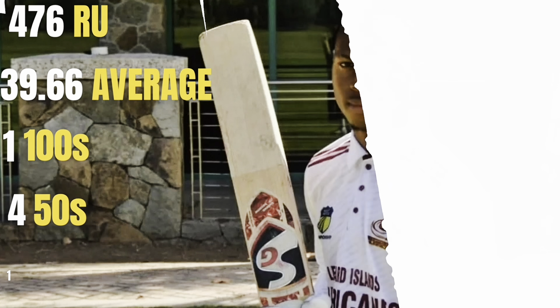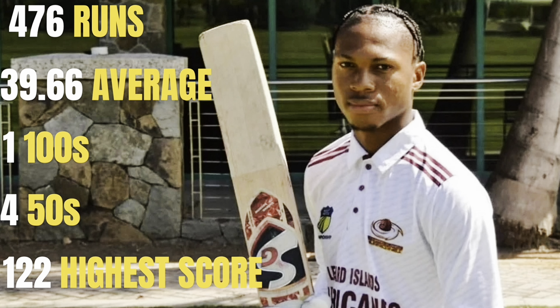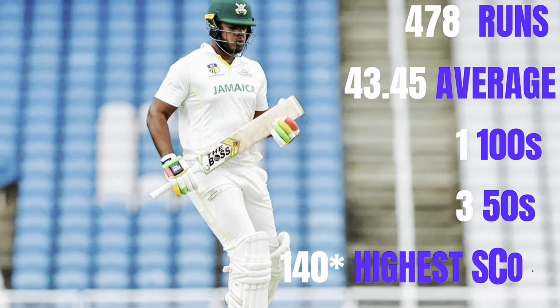Joel Andrew for the Leeward Islands Hurricanes, right, he would have amassed 476 runs at an average of 39.6. He would have scored 104 half centuries, and you know that his highest score was that brilliant century of 122. Right, Javel Glenn was another player from Jamaica Scorpions. He would have amassed 478, averaging 43.45.